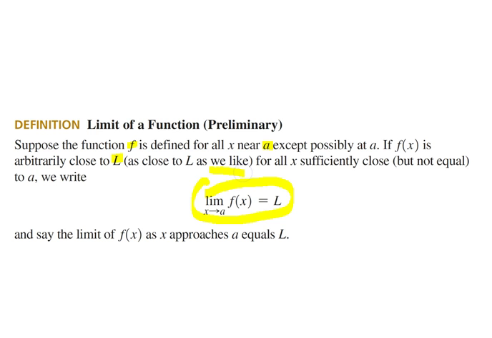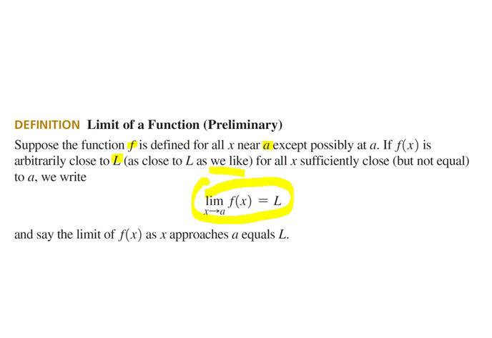Well, that's very subjective by nature, but that's okay. It needs to be relatively close, and close to L for all sufficiently close x but not equal to a. So all the x values that are close to a.